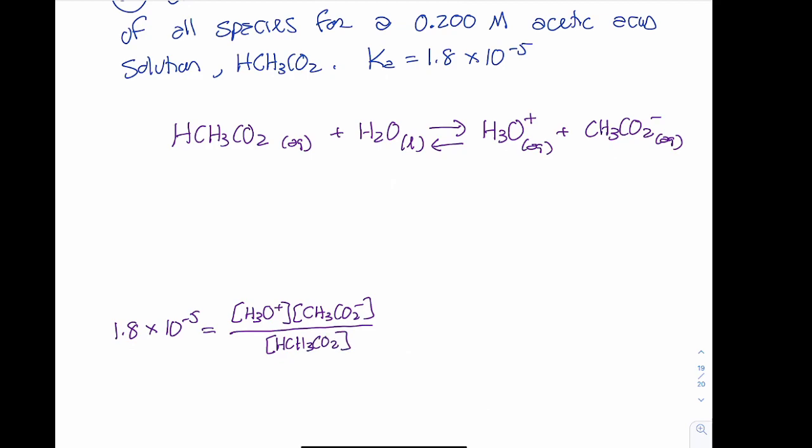We are excluding water. Remember, the concentration of pure liquids and solids doesn't change as the reaction proceeds, so that's left out. And of course, those are equilibrium concentrations that get plugged into that expression.